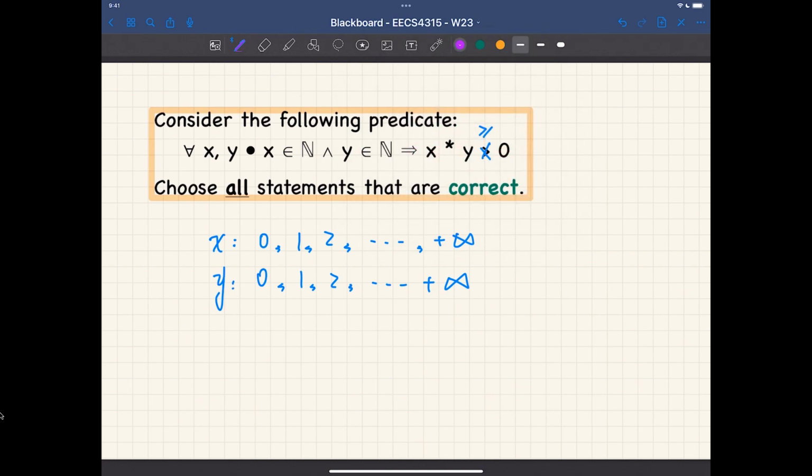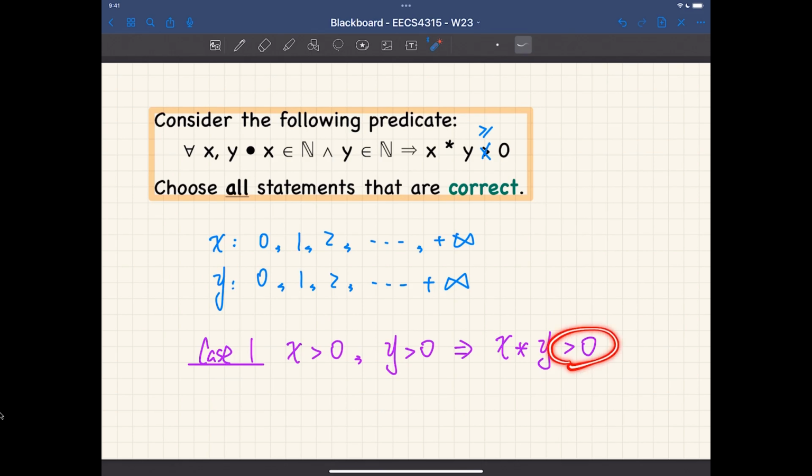Okay, let's say case 1. If x larger than 0 and also y larger than 0, then it's guaranteed x multiplied by y is larger than 0. And of course, x larger than 0 definitely satisfies larger than or equal to 0.